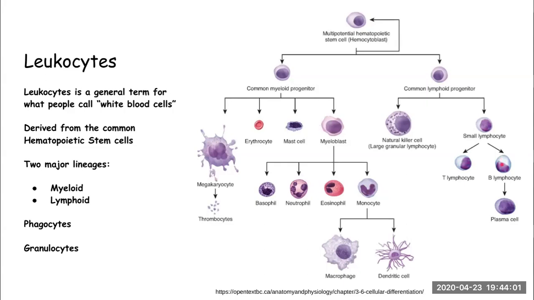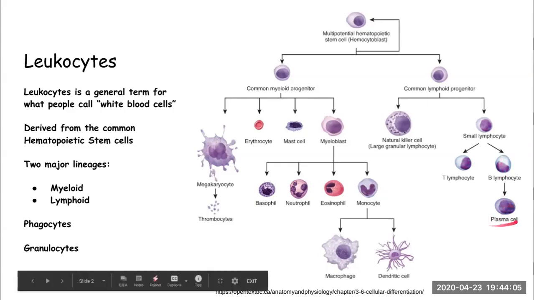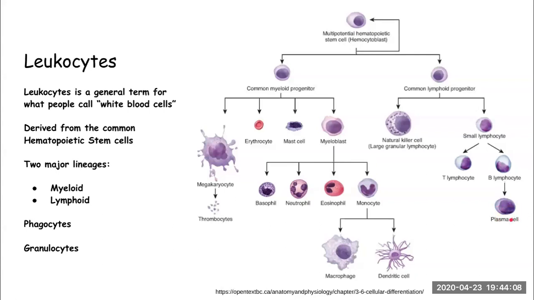At the very end of that B cell differentiation is the plasma cell, which I've mentioned in the past. And this is what secretes antibody. So just having the B cell alone, while it does have some surface Ig, some surface antibody, it doesn't secrete it. It needs help from this T cell to then become a plasma antibody secreting cell. And so that's just kind of an overview of how these cells are broken up and characterized.